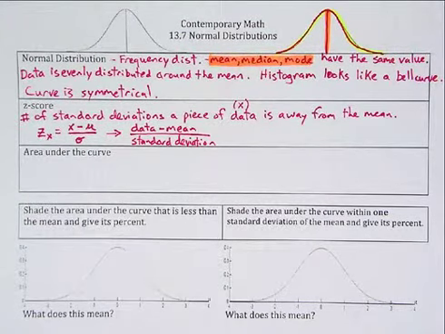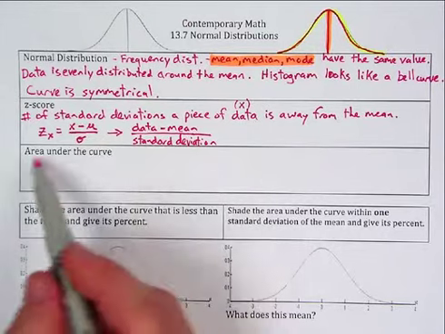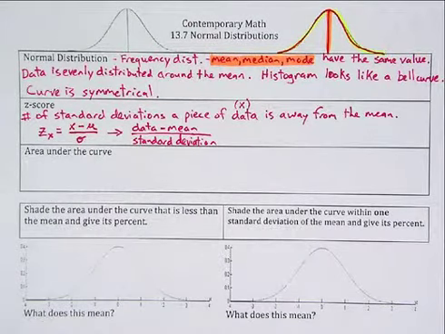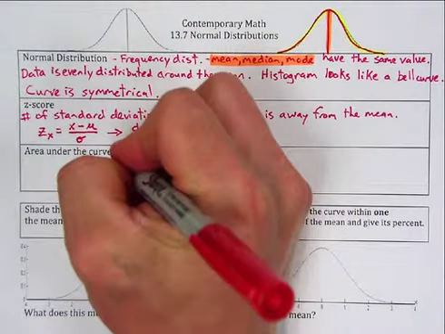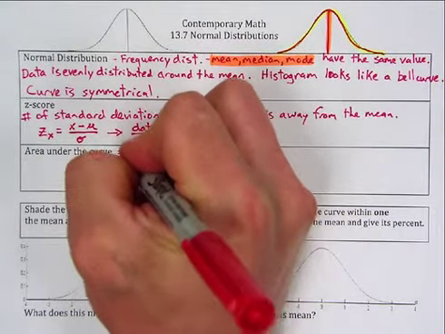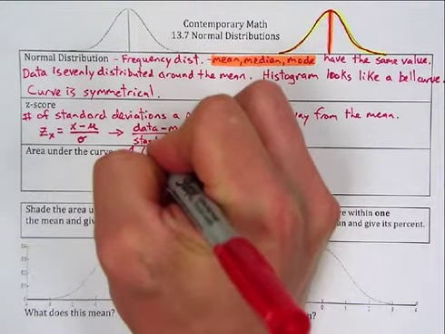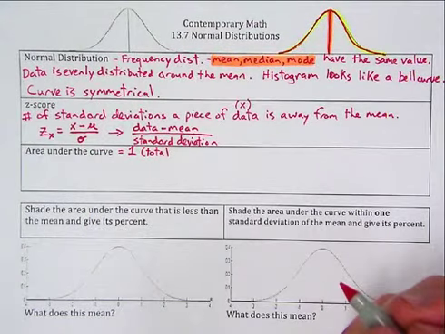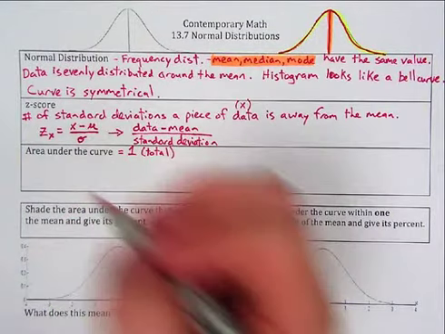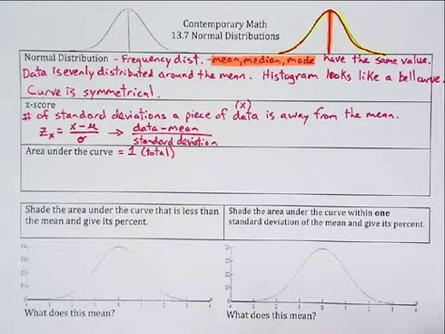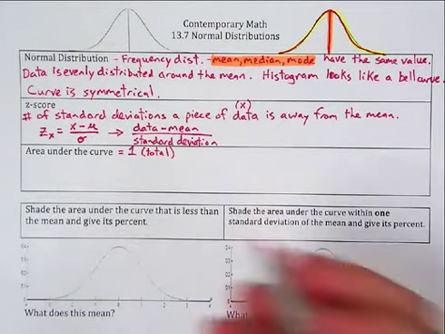Now, what we're interested in is the area under the curve. So what we say is the area under the curve equals 1. And that's the total area. Now the area under the curve always corresponds to the percent of data that falls between any two values.